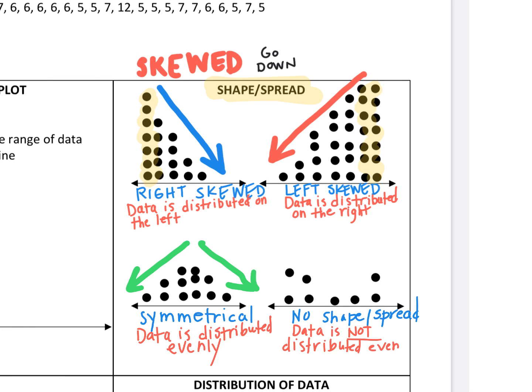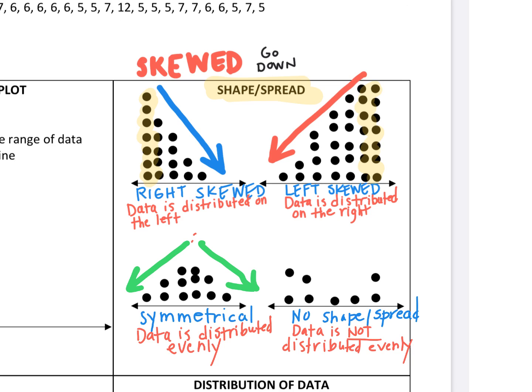So when we talk about how data is distributed, how it's laid out, you can talk about it being right skewed, which means there's less on the right hand side. Left skewed, which means there's not very much on the left hand side. Symmetrical, where it's basically the same on both sides.